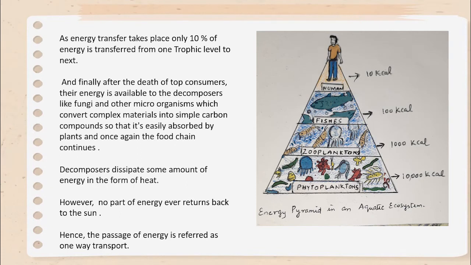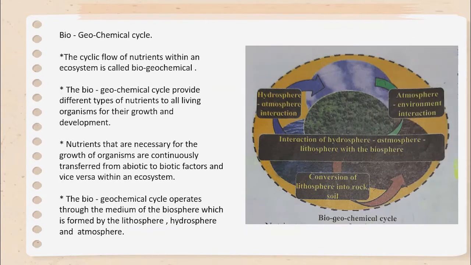These decomposers also dissipate some amount of energy in the form of heat. However, children, no part of energy ever returns back to the sun. Hence, in an ecosystem, the transfer of energy is always referred to as one-way transport, or unidirectional.